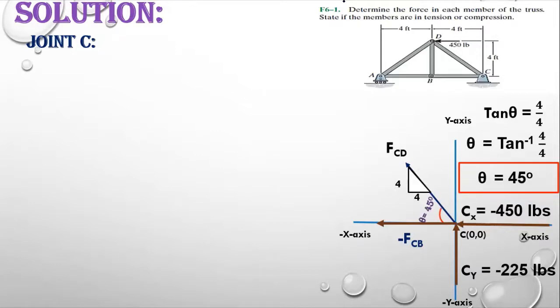Now we have to resolve FCD into its components: FCD cos 45 degrees and FCD sin 45 degrees. FCD cos 45 degrees is parallel to the negative x-axis, so its direction is negative.